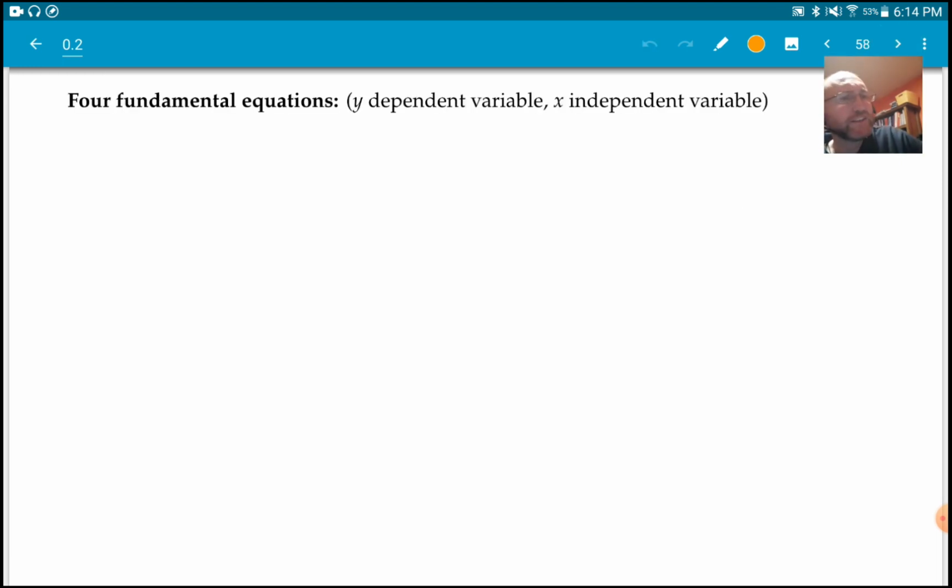All right, so there are several equations that appear all over. I'll call them the 4 fundamental equations, and 2 of them are kind of the same equation, but I'll write them separately. So here, y is going to be the dependent variable, x is the independent variable.